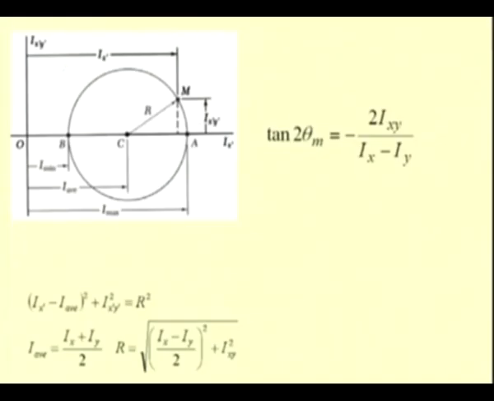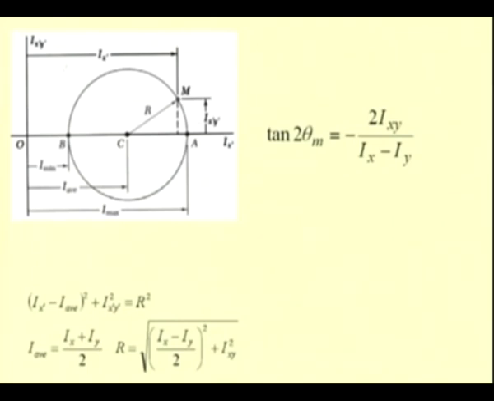For each point, the x coordinate corresponds to the second moment of inertia Ix prime, and the y coordinate corresponds to Ix prime y prime, or the product of inertia.